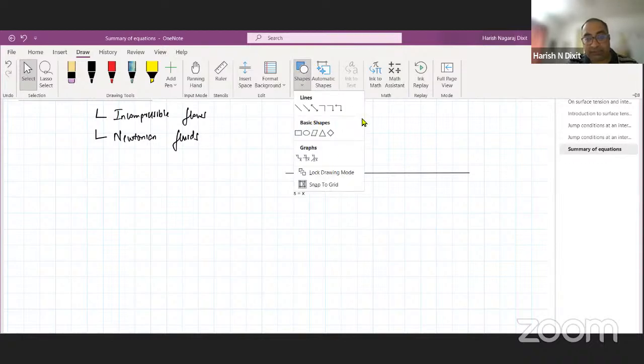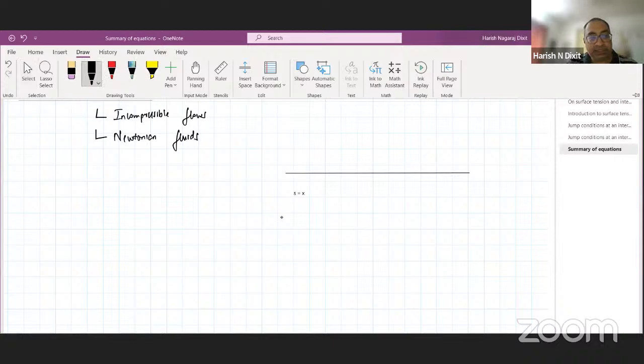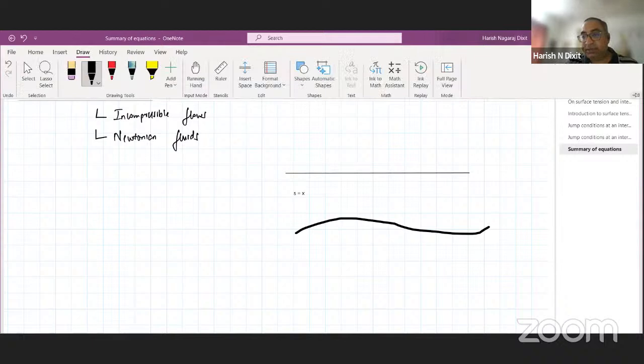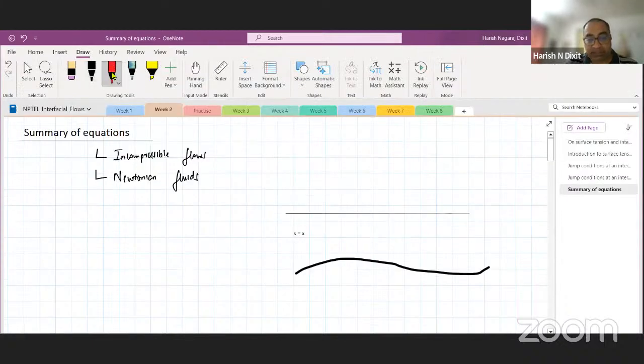But if the interface is actually curved, let us say I have a curved interface like this. If the interface is curved, now you can clearly see that the derivative is a bit more complicated. Over here, the tangent is this way. Over here, the tangent is this way.